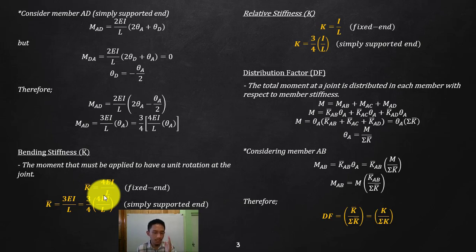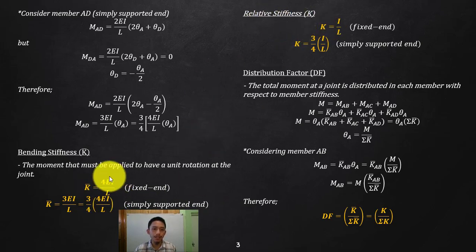But for the case of, let's say, a column which is concrete and a beam which is steel, of course the E there is different. So that's the time you will end up with different E. Then for simplicity, let's say that E is constant, and then of course you can just divide your fixed end and simply supported end by 4E, so that you will simplify. We call this relative stiffness.